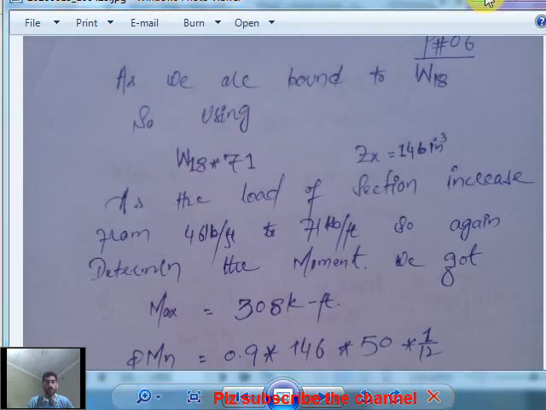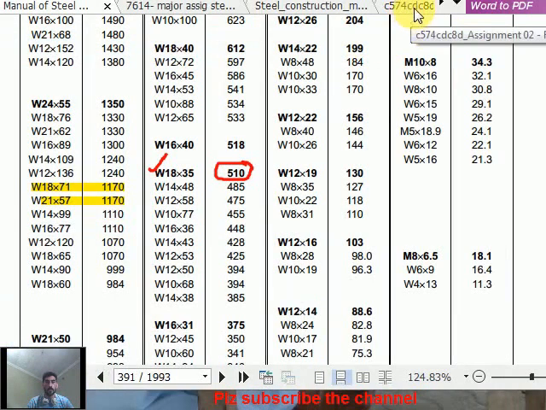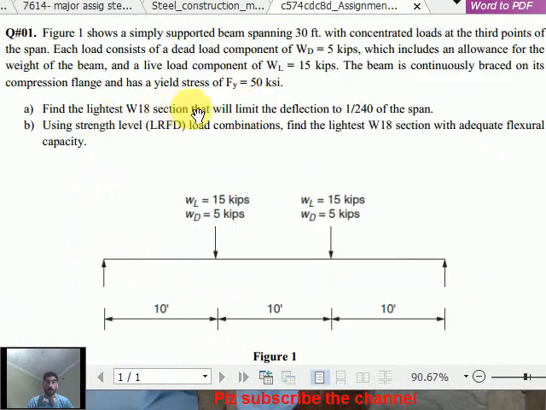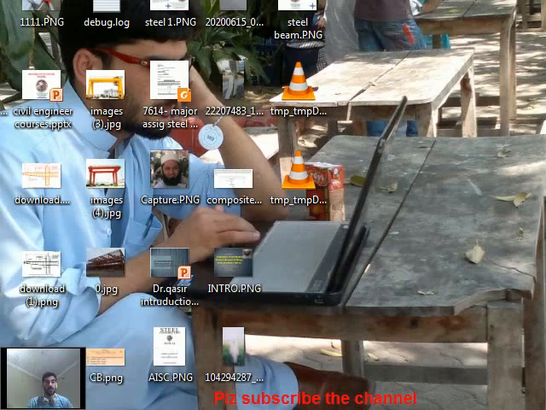In part number, yeah, we are bound, sorry for that mistake, we are bound. So we can't use another section rather than W18, clear.